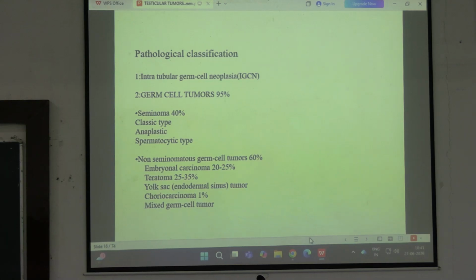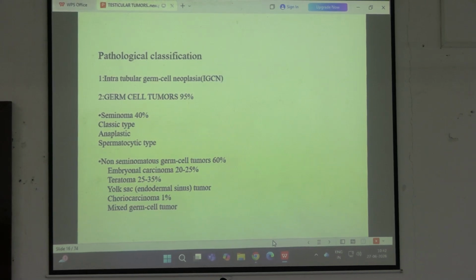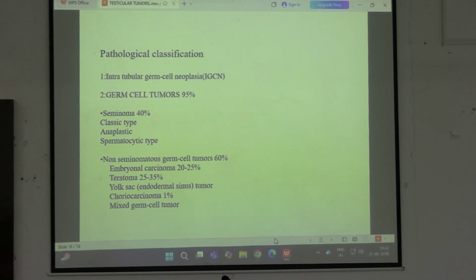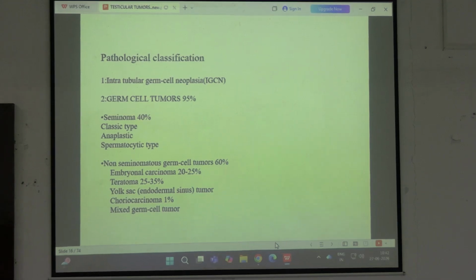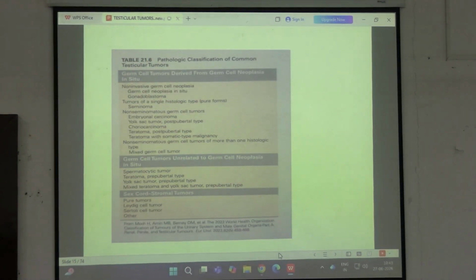Embryonal carcinoma. Regarding GCNIS, what did you understand? Yes, you tell me. What are the non-invasive ones?